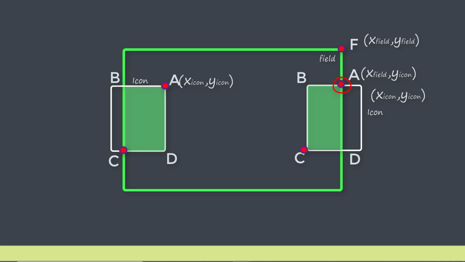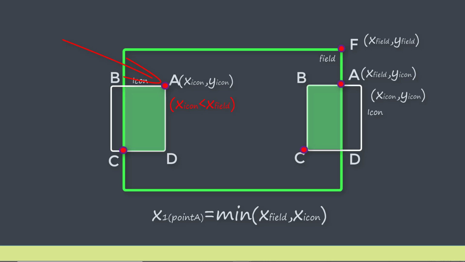An icon can enter the field collider both from the left side and from the right side. We don't know which side it will be, but we do know that x1 will be equal to the smallest of two values, xField and xIcon. Indeed, if an icon enters from the left side, then we need to use the xIcon coordinates.